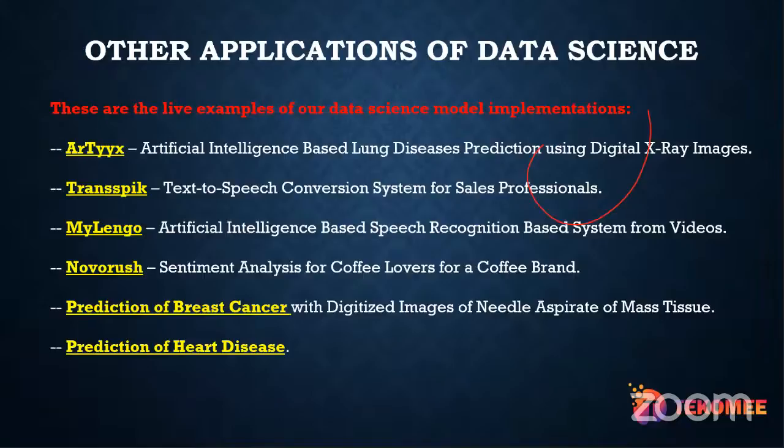So these were some of the examples on which I have worked. Apart from that, there are other examples where implementations were done, but I kept it limited to this many so that I can give you a glimpse of how the particular thing works out.